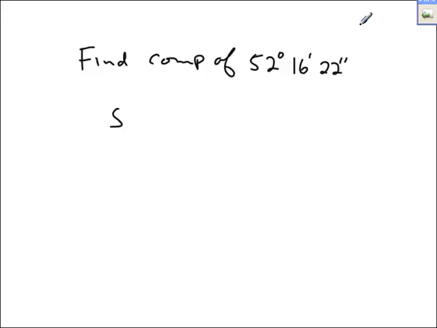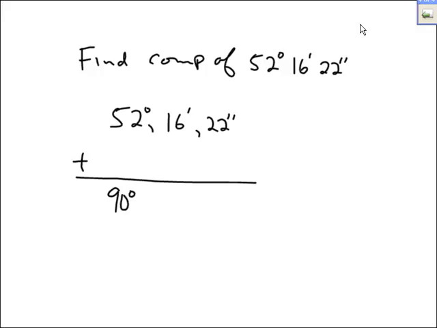Well, what do you add to this to get to 90 degrees? How much do you add to get to 90? Well, I don't want any minutes. Basically, I want 90 degrees, no minutes, and no seconds.